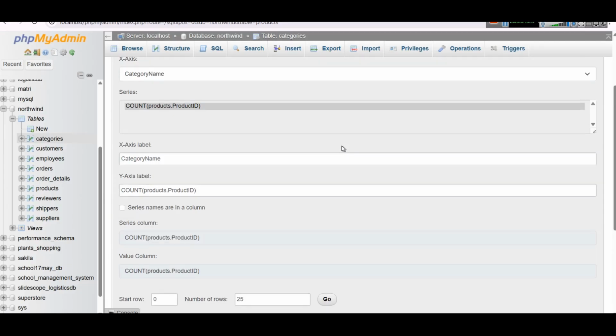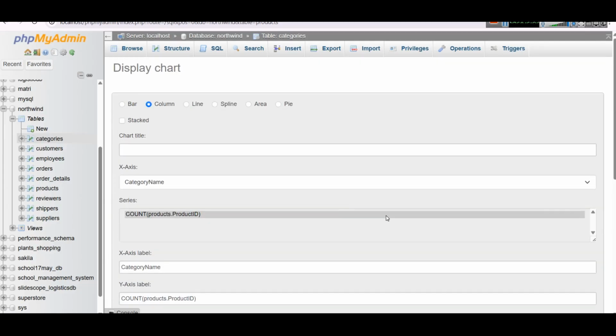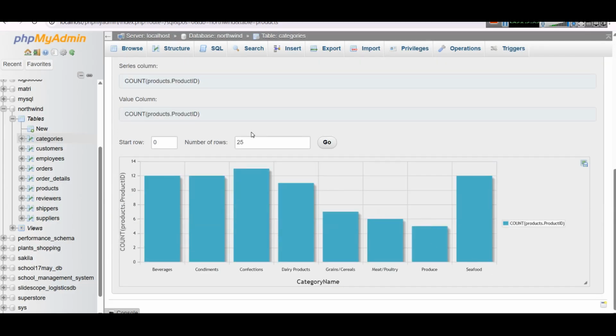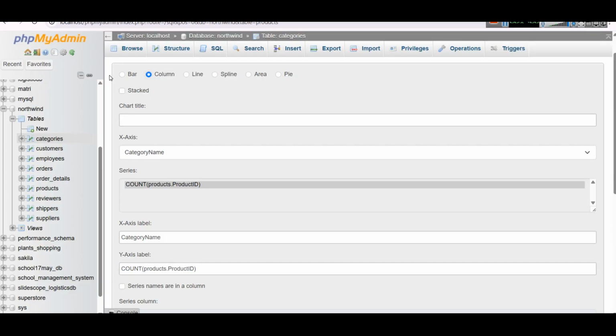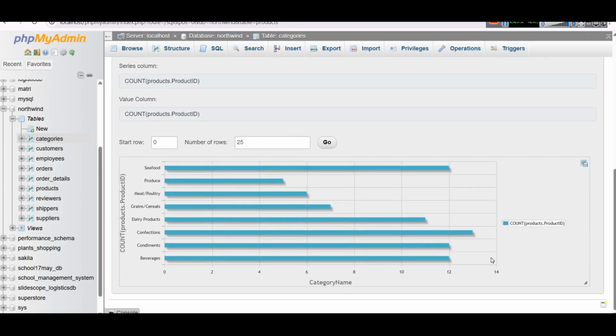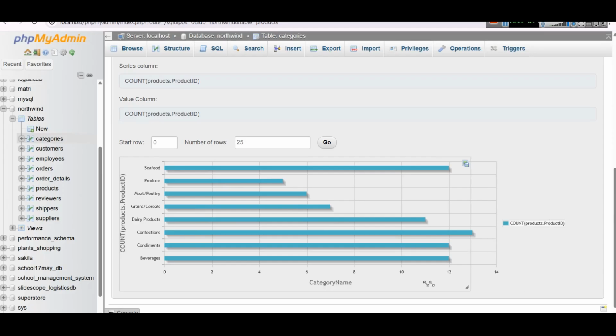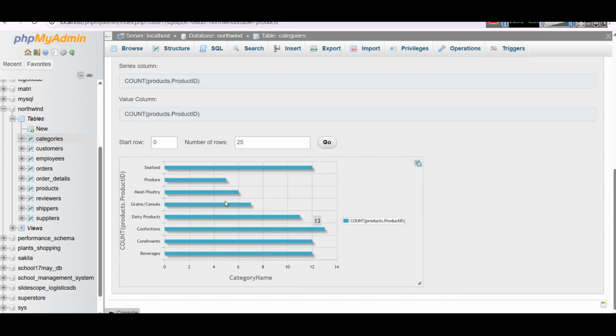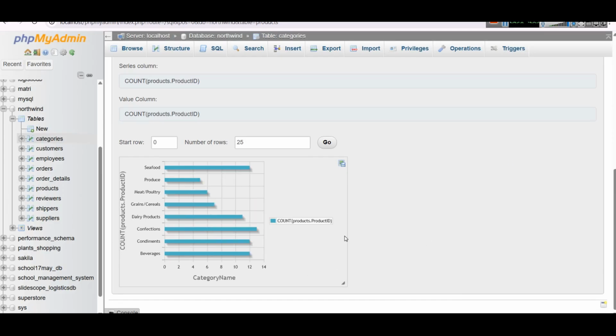In the display chart, you can select a column chart and answer that as a bar graph, or as an image also. So this is the image. Now it is showing seafood, produce, and whatever those numbers are.